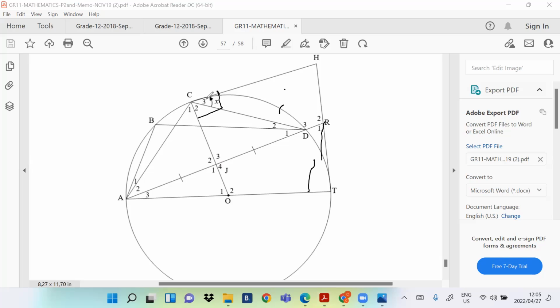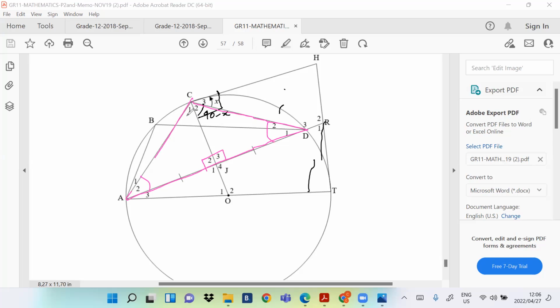Then we said, because these are congruent, this one is equal to this, and these are equal.